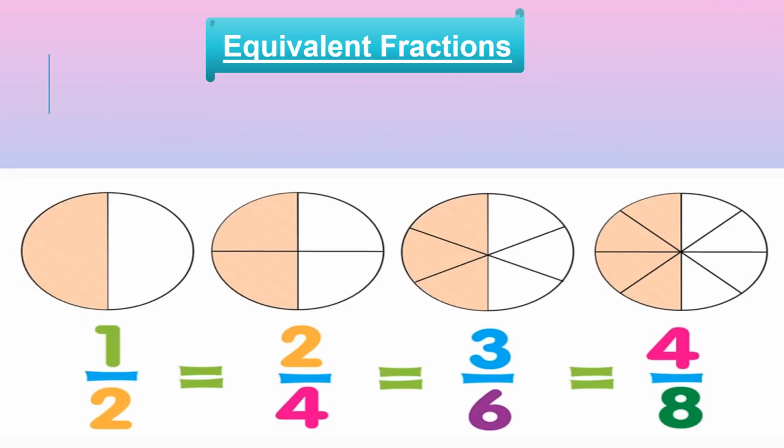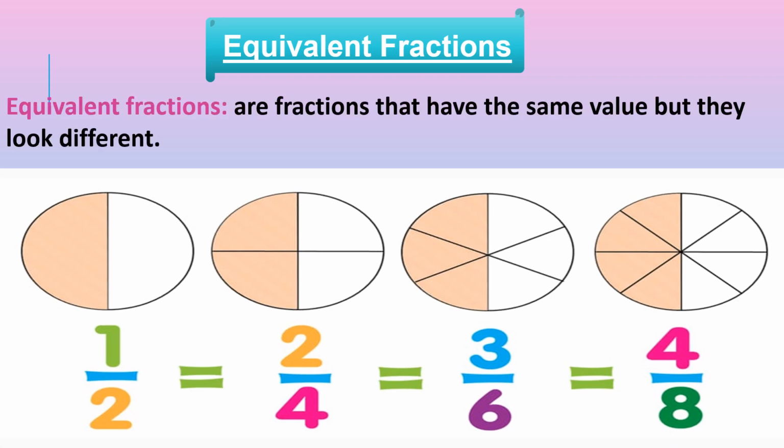Let's start with equivalent fractions. Equivalent fractions means fractions that have the same value, but they look different. Here I have 1/2 or 1 over 2, 2 over 4, 3 over 6, and 4 over 8.